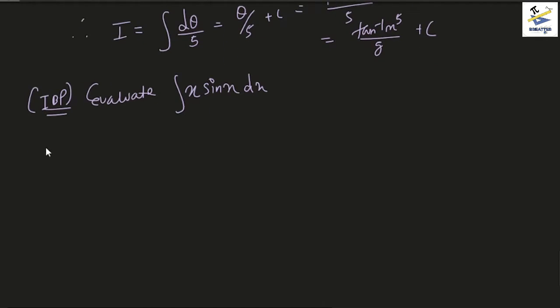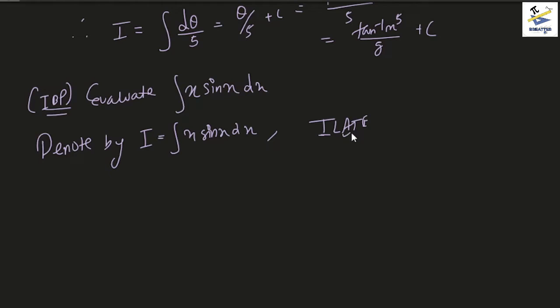So denote by I the integral, and whenever we see functions which are a product of two different kinds of functions, we try to remember our ILATE rule, where we know which one to take as first function and which one to take as second function. So in the ILATE rule, the algebraic function comes first, before the trigonometric function. So the algebraic function should be function 1, and the trigonometric one should be function 2, right?